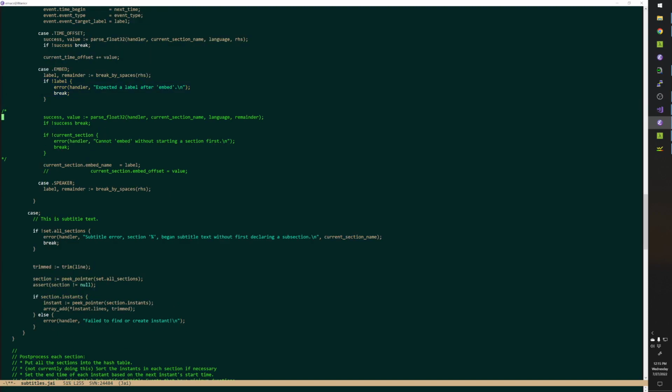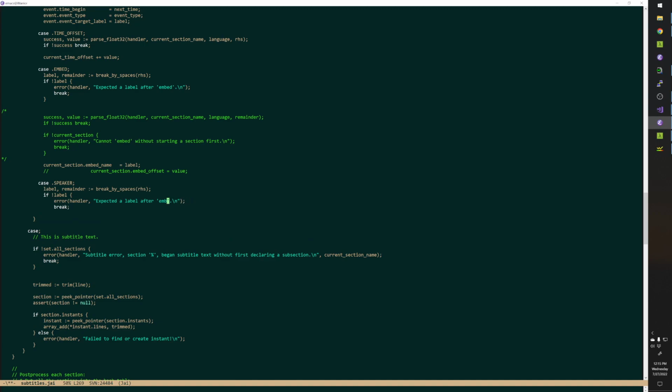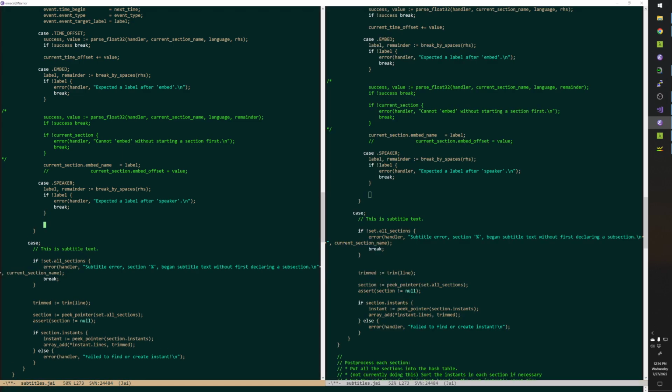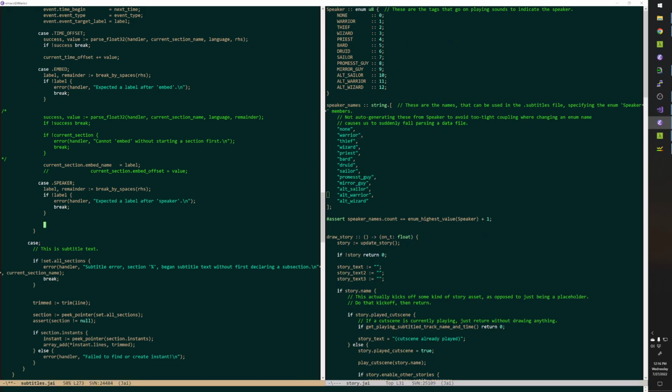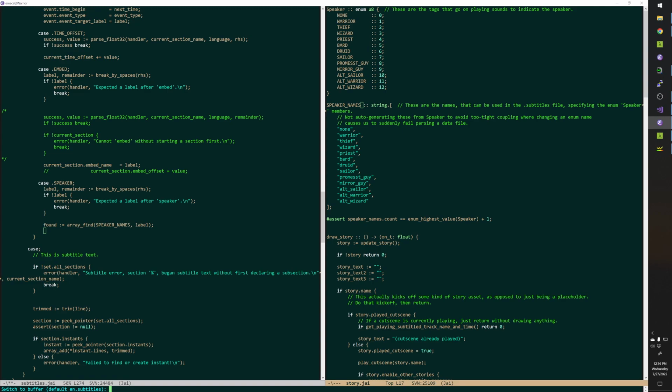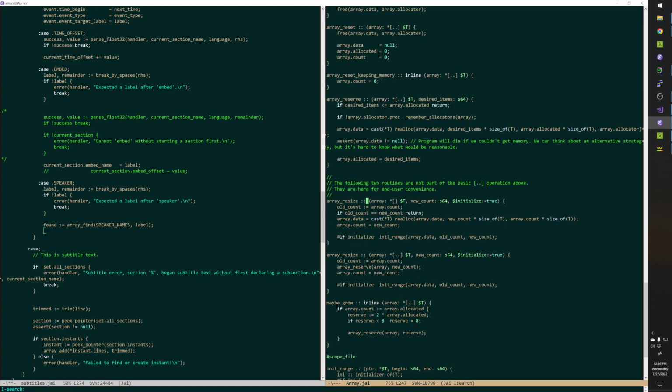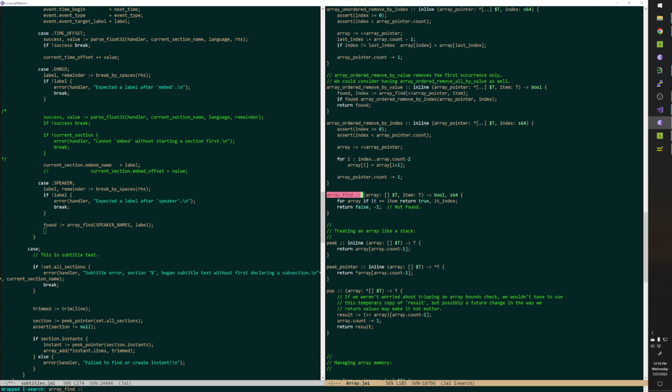And we're just going to do this same thing. Speaker. And then we're going to say, let's capitalize this. Why not? We're going to array find in speaker names label. I think I'd remember my own array functions. To bool, yeah.